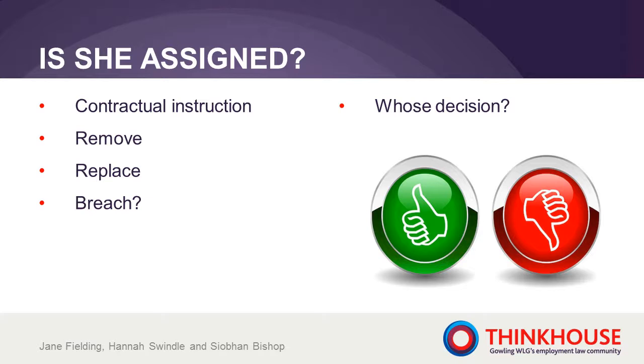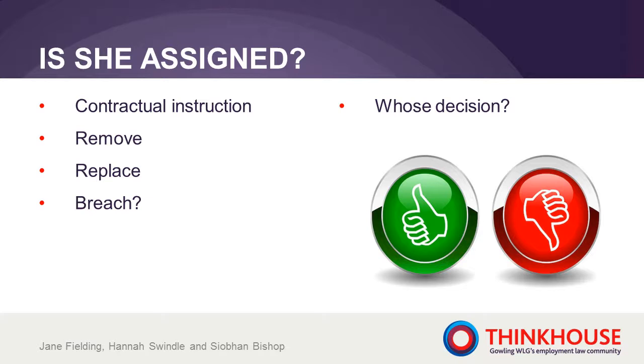So the final scenario: this chap was working full-time on the services until he went on sick leave a few years ago. Unfortunately, he's never been well enough to come back to work. He's been benefiting from PHI, so permanent health insurance income protection benefit.